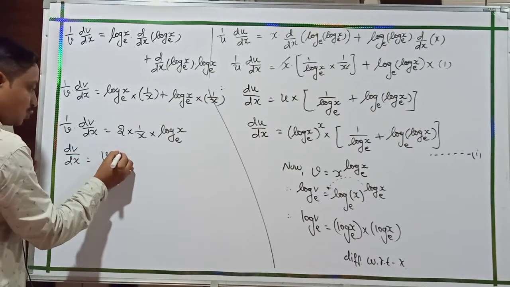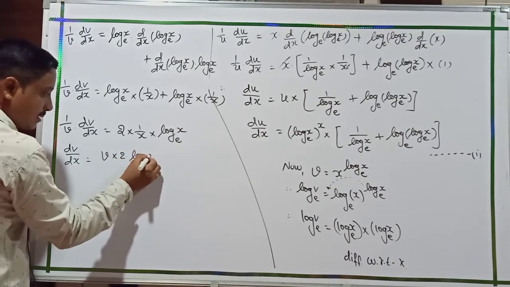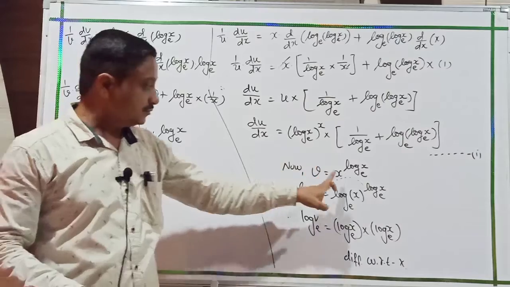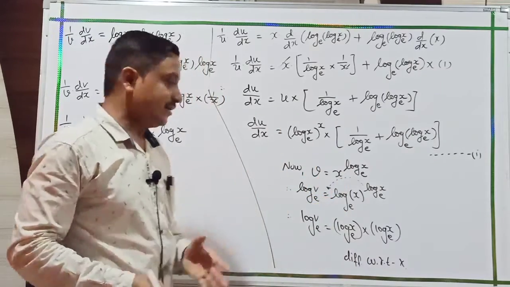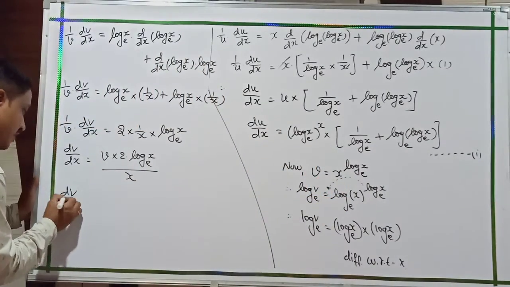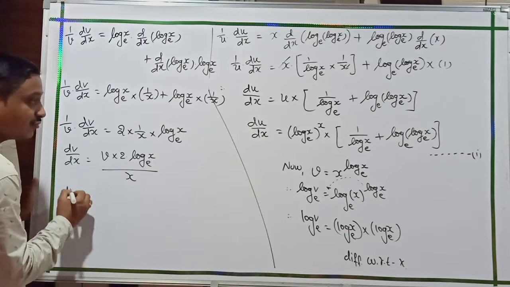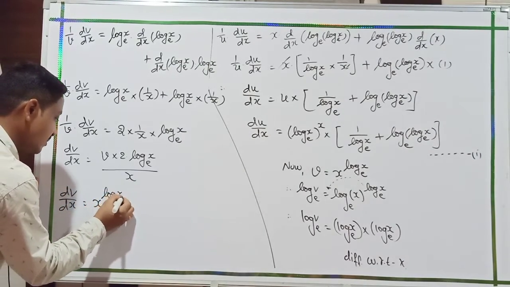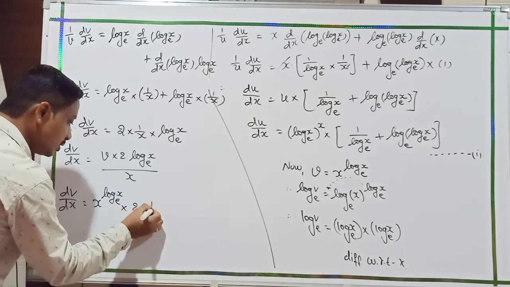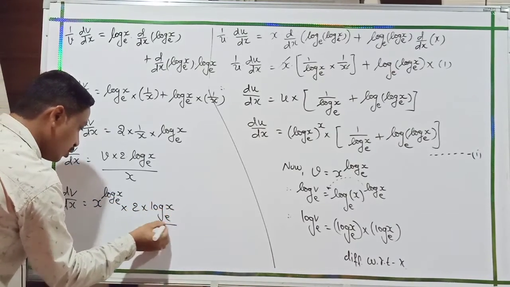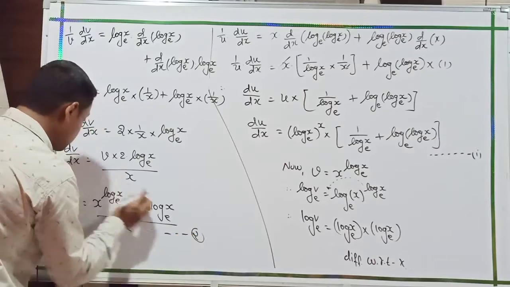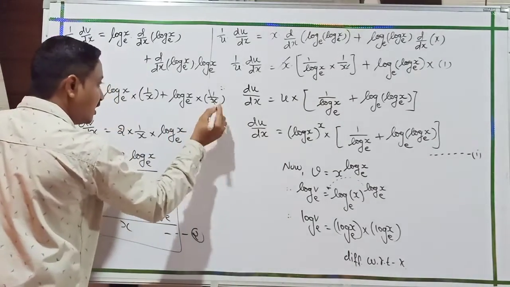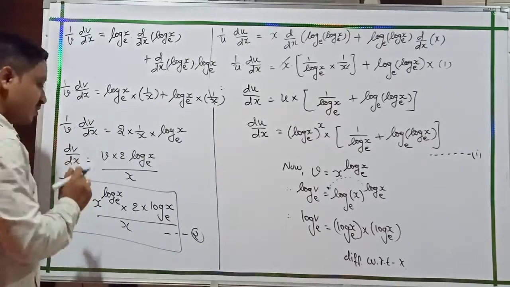So v into 2 into log x by x. Now students, this v value I just apply in this function. So dv by dx is x raised to log x base e into 2 into log x base e upon x, and this equation, students, I take out: it is statement number 2.